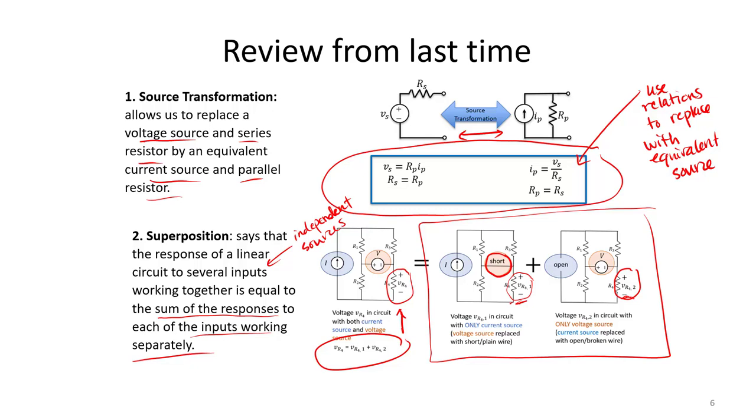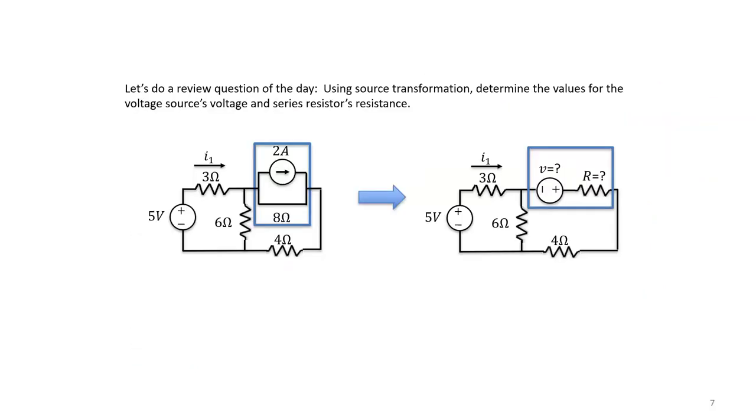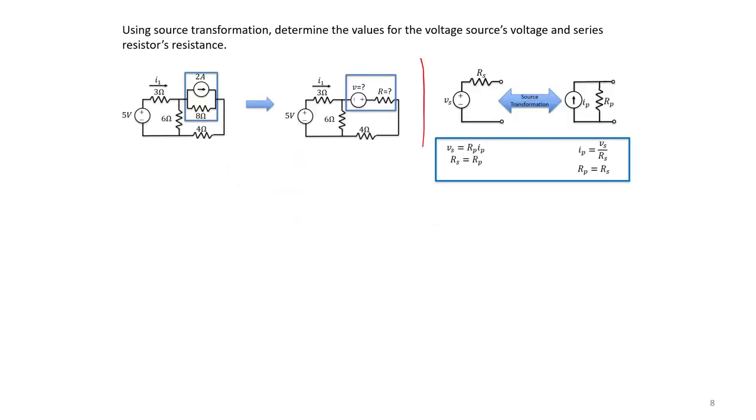Let's go ahead and do one more review question before moving on. Here we are asked to use a source transformation to determine the voltage source's voltage and our series resistor's resistance. Just to remind everyone, make sure you keep these equations handy.